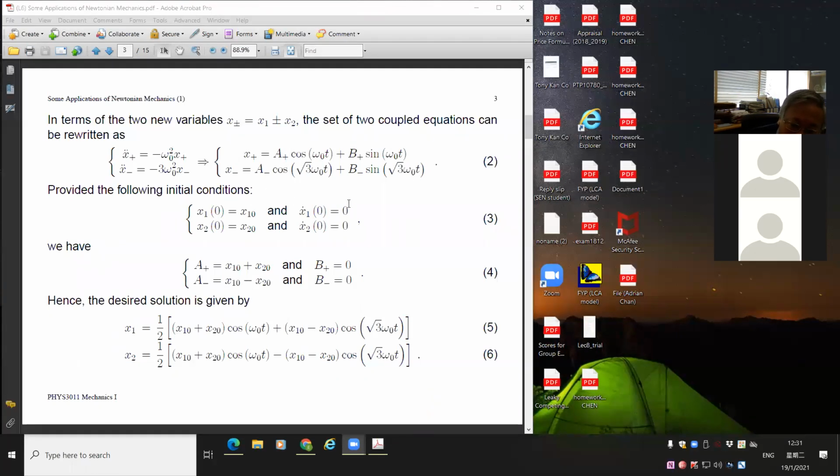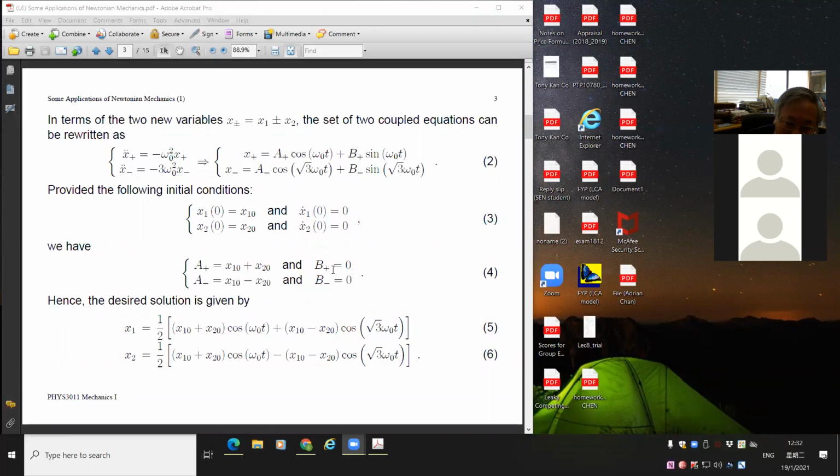We substitute the second set of initial conditions, i.e. the initial velocities. So we differentiate these 2 equations again, and set t equal to 0. We differentiate cosine, we get sine, and at t equal to 0, it vanishes. We differentiate sine, we get something proportional to cosine, and we set t equal to 0, get 1.